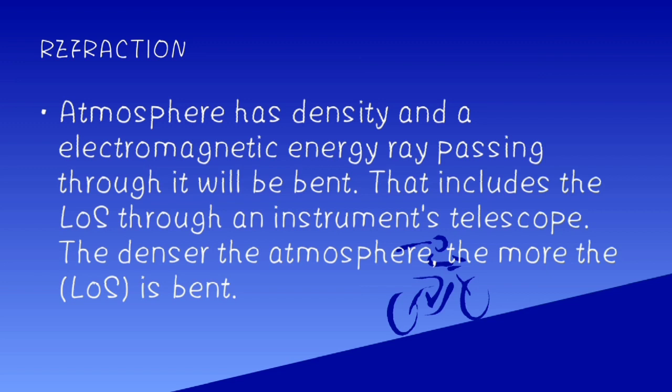The denser the atmosphere, the more the line of sight is bent. Atmosphere is generally densest near the ground and decreases with elevation. When sighting longer distances, our line of sight starts at the instrument's density condition and passes through progressively denser atmosphere towards the target, bending downward.